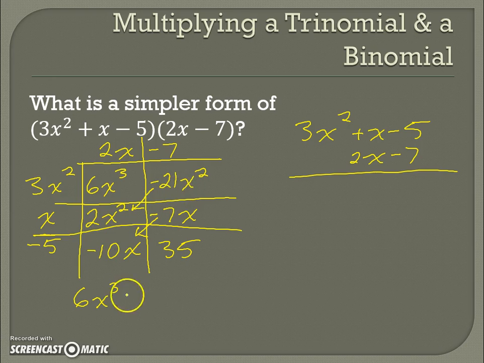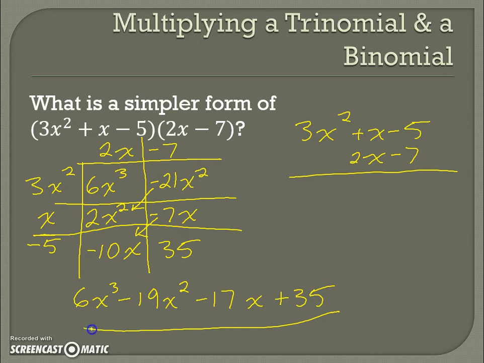Negative 21 and 2 is negative 19x squared. And then here, negative 7 and negative 10 is negative 17x. And then just add the 35. So I was able, through my table, to combine some like terms as I went. So multiplying a trinomial by a binomial is going to produce something like this.